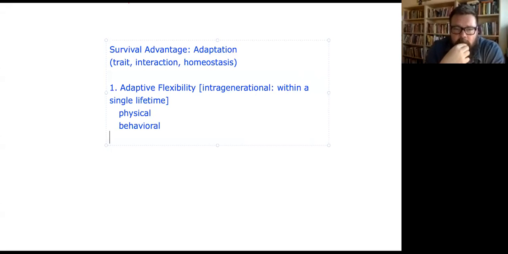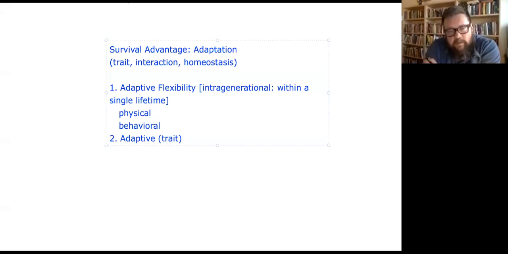Okay. So what kinds of behaviors can you change within a single lifetime? So that's adaptive flexibility. Now the problem is that when we say that a species adapts, that happens intergenerationally, right? So this is just an adaptive trait. If a trait is adaptive, that means that it's between generations.